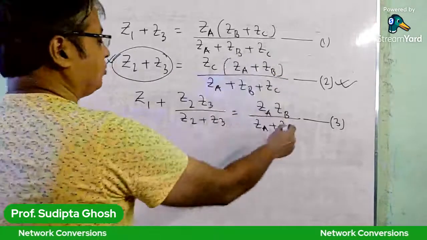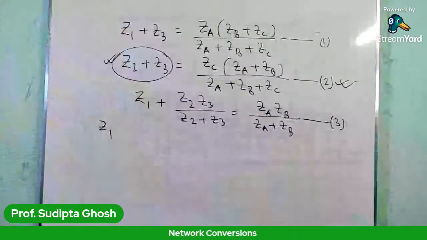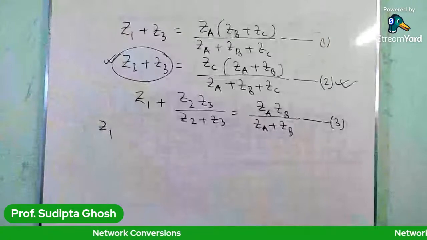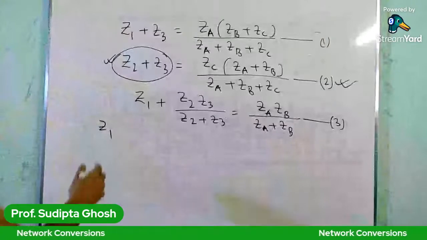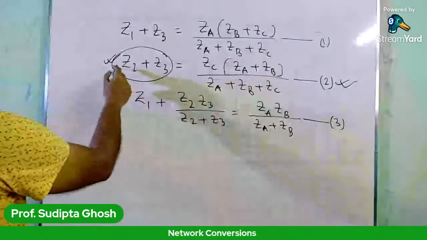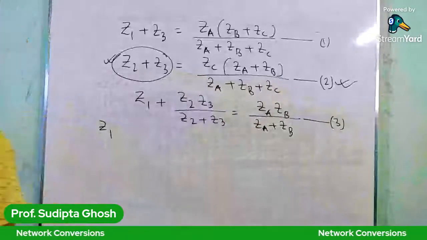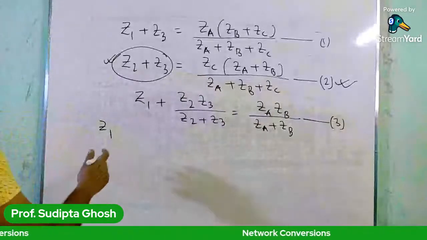If I substitute this value, ZA plus ZB equals Z2 plus Z3 into ZA plus ZB plus ZC divided by ZC.